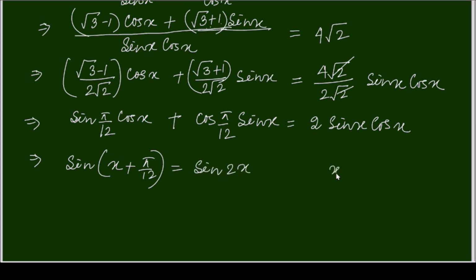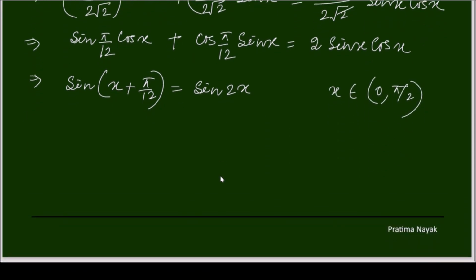And x belongs to 0 to pi by 2, it is already given. On this condition we have to solve it. So here I am getting two values. One is 2x equal to x plus pi by 12, so this gives us x equal to pi by 12.